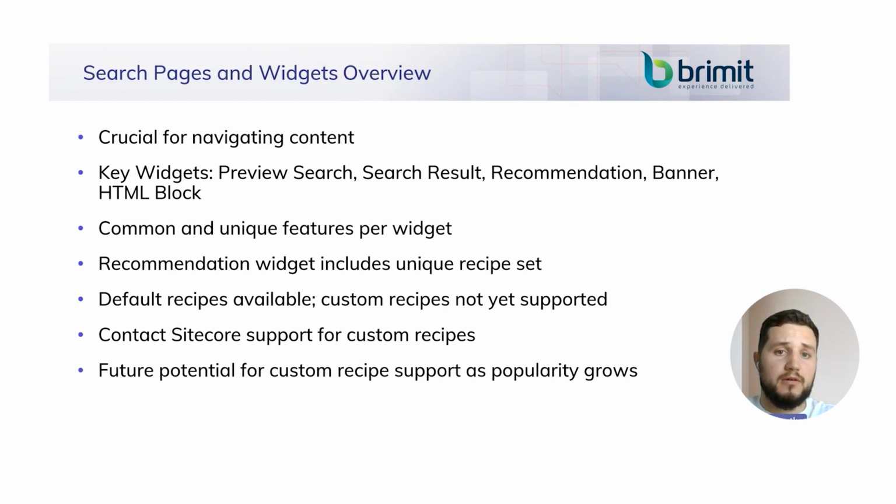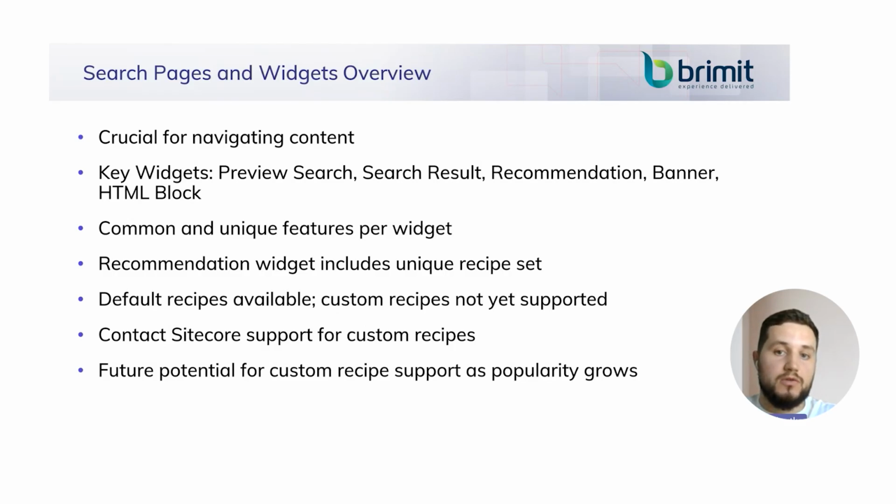The next important aspect of widgets I want to highlight is the recommendation widget and its use of a recipe. Recipes are used to determine which recommendations are provided by the widget. For example, you can use a recipe to display content items that were most clicked on in the past week, or recently viewed by the visitor, or most recently added to the index.